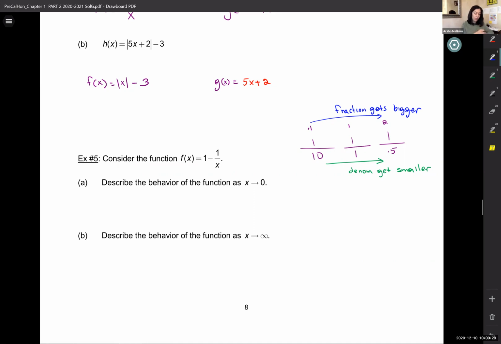And then it also works in the opposite direction. So if you go in the opposite direction, from 0.5 to 10, as the denominator gets bigger, the fraction gets smaller, right?